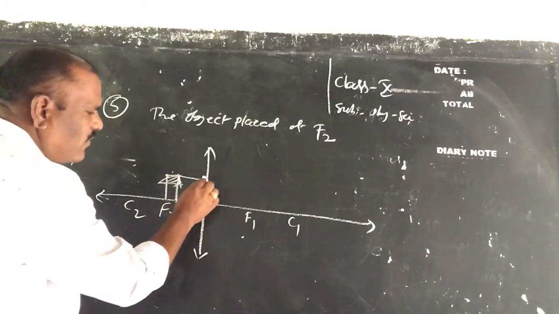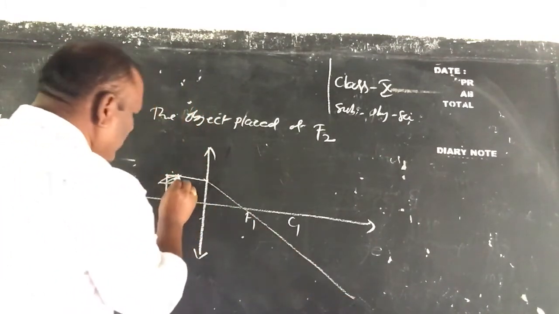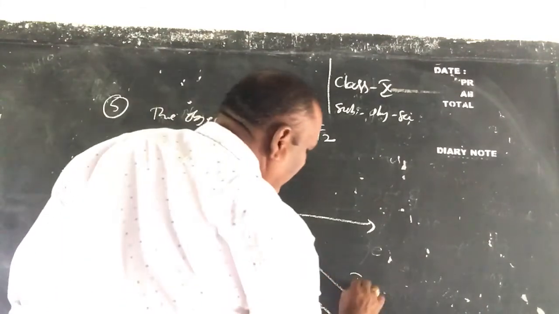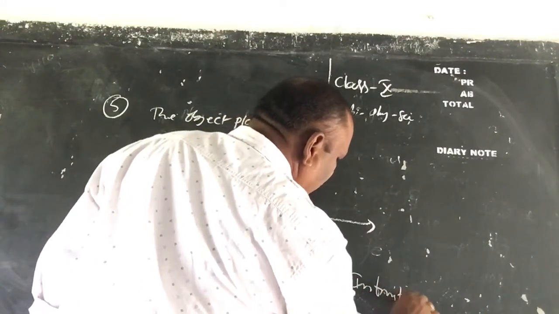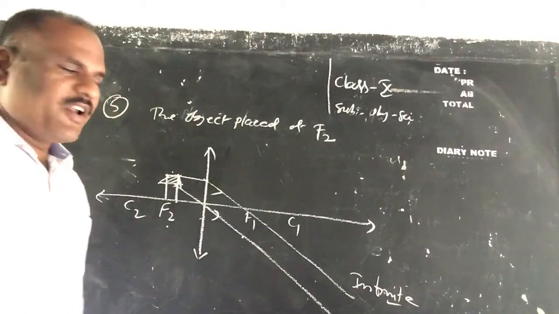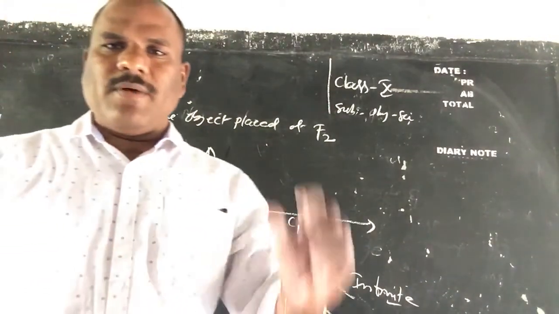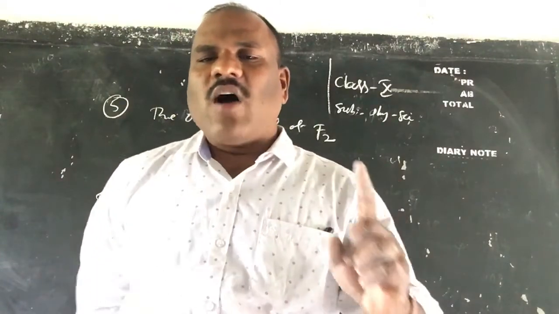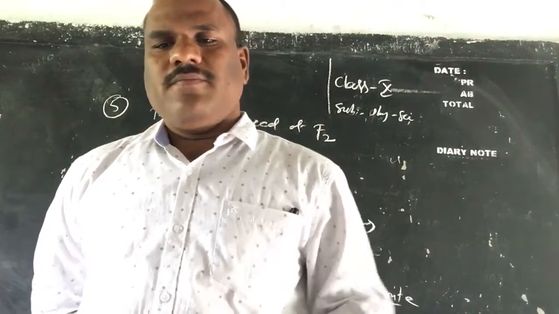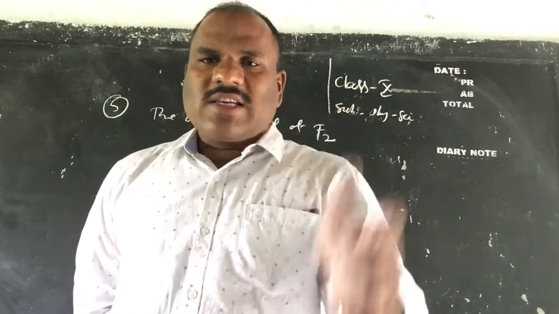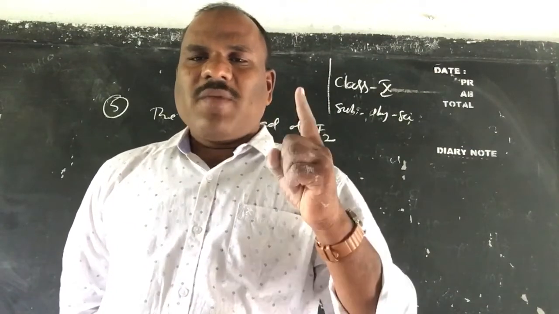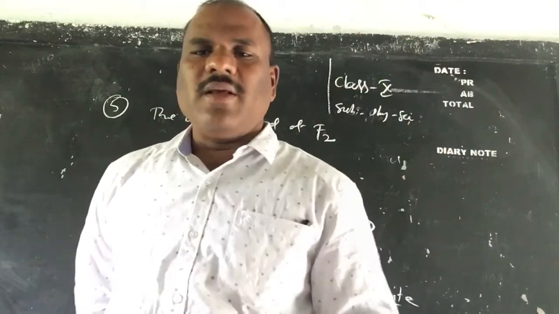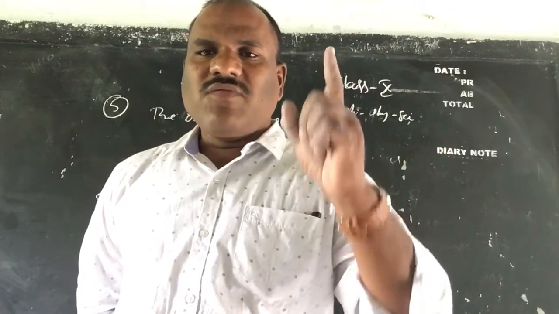The first ray will form like this, children, and now the second ray here. So the image is formed at infinity. When the object is placed at focal point, the image will be formed at infinity, so we cannot describe the nature and characteristics of the image if it is formed at infinity. Okay, children, and this is the fifth ray diagram.